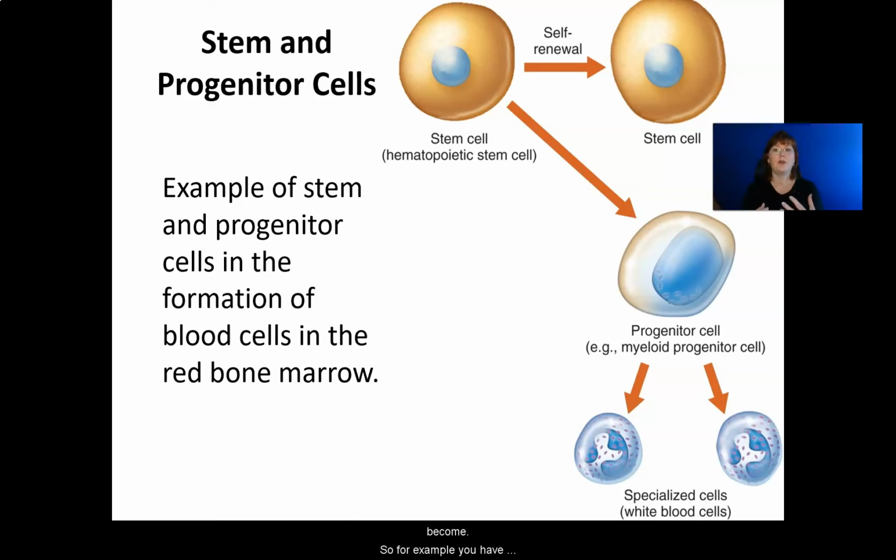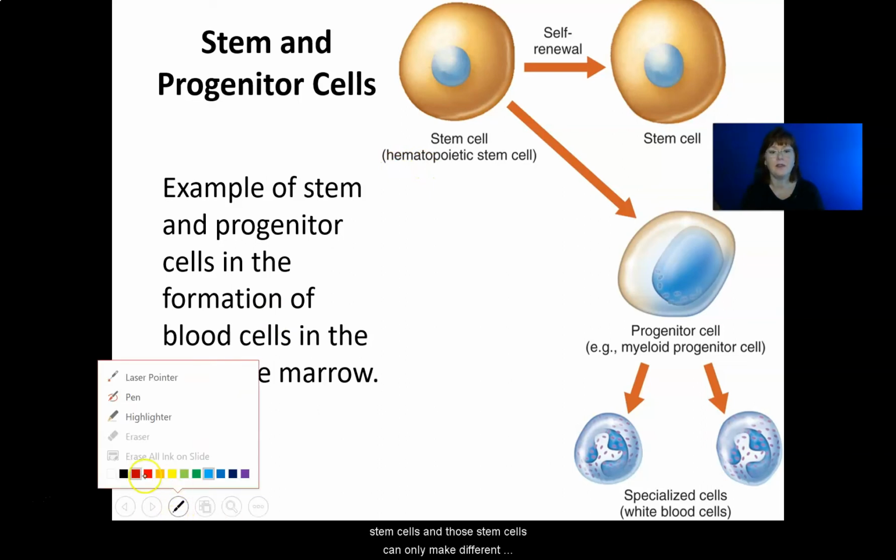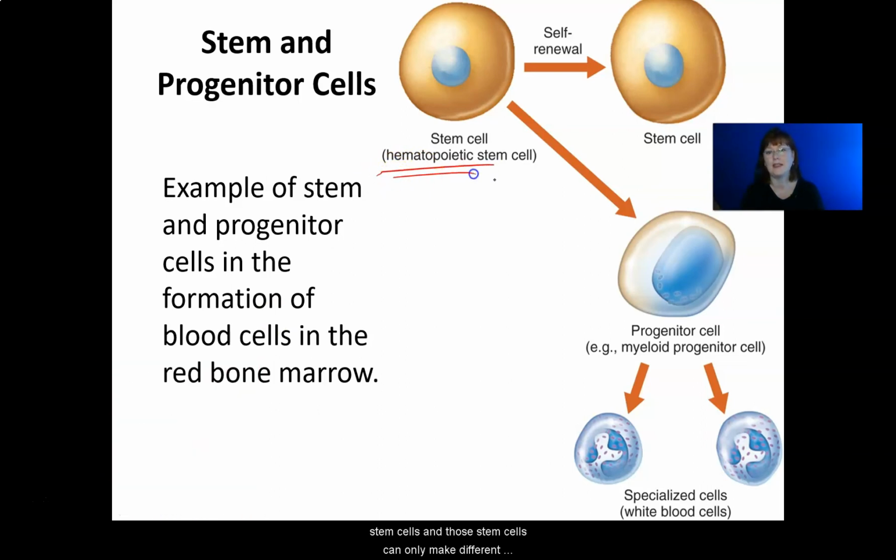So for example, you have stem cells in your bone marrow called hematopoietic stem cells, and those stem cells can only make different types of blood. So when they receive a particular trigger to divide and specialize, then they're going to go down a particular pathway and they might become a red blood cell, a white blood cell, or a platelet. But that hematopoietic stem cell can't become a muscle cell, for example. It doesn't have the ability to do that.